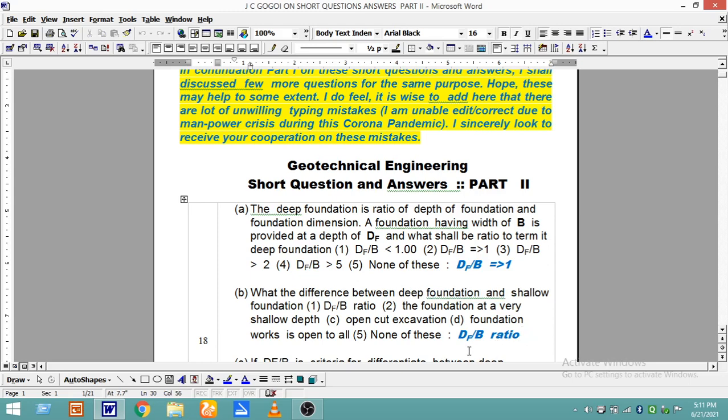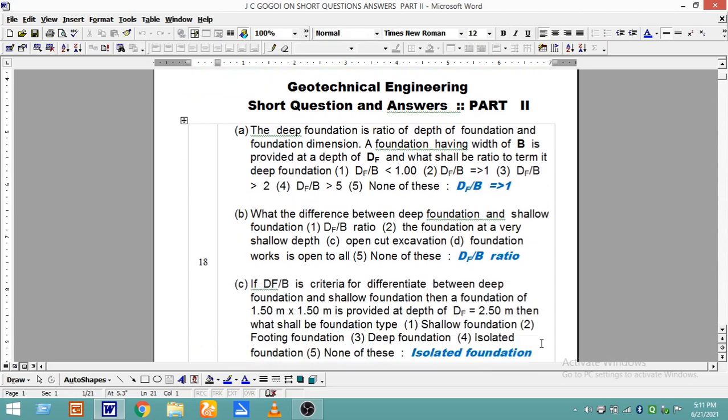Technically, Df by B ratio is the deciding factor. Whether we commonly say it is a shallow foundation or a deep foundation, this is not the criteria. Criteria is Df by B, as explained in all codes.